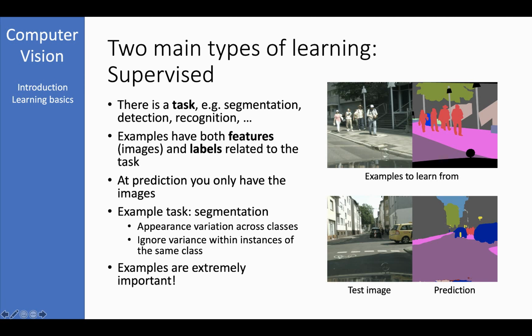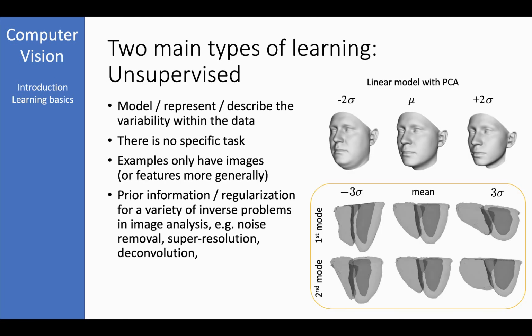Likewise, here you have several human beings. They are quite different, their clothes are different. The algorithm is supposed to ignore those variations and focus on the fact that these are human beings and they're different from the pavement, from the road, from the poles, and from the building and the tree. And in these cases, the examples are extremely important. The better the examples you show to the algorithm, the better the algorithm will perform.